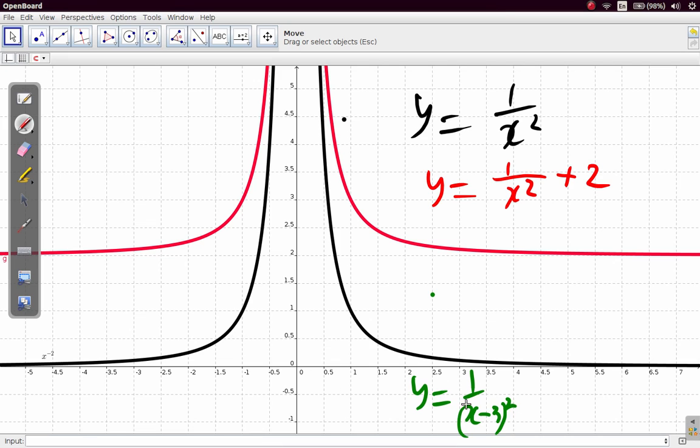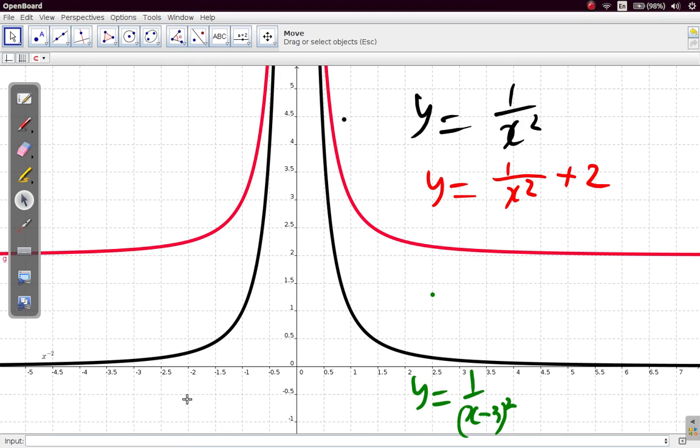I would expect that this is the black graph shifted 3 units to the right. Would that be correct? Do you agree with that? Let's see.